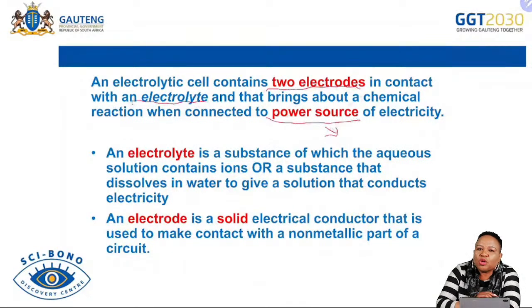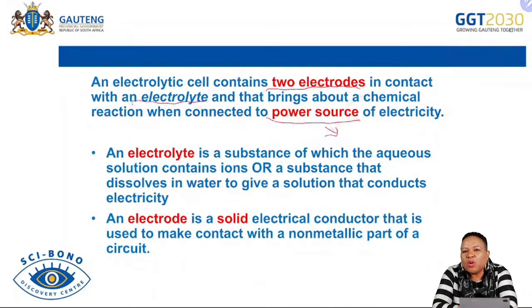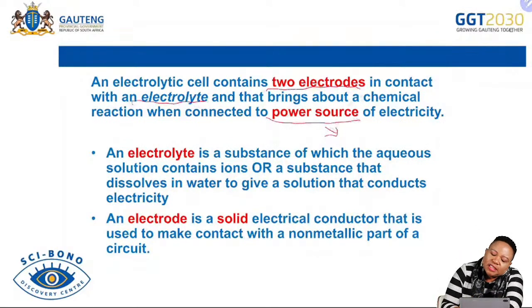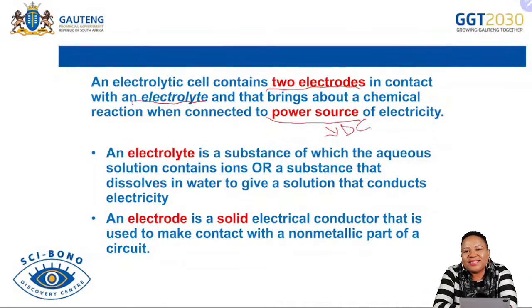Now what type of power source do we need for our electrolytic cell? We need DC current, direct current, for our power source, because we want our electrons to travel in one direction, meaning that they must travel from the side of oxidation to the side of reduction.